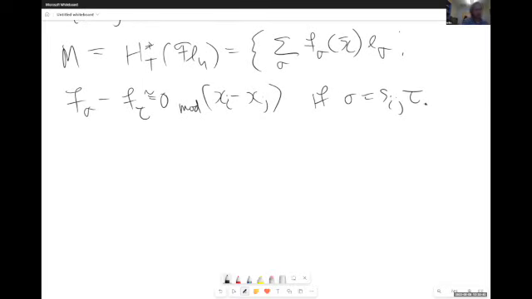Okay, so I'm just going to list a couple properties and then I'll show you how to generate these classes on a computer. I think it's kind of useful to see, and then I'll explain what this has to do with the module M that I wrote down above. So the first thing is the ring structure.